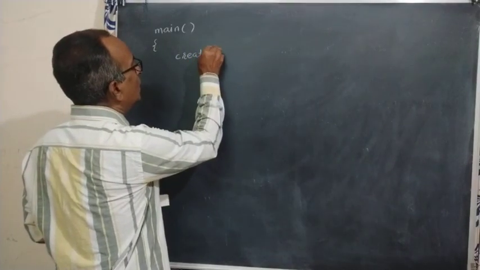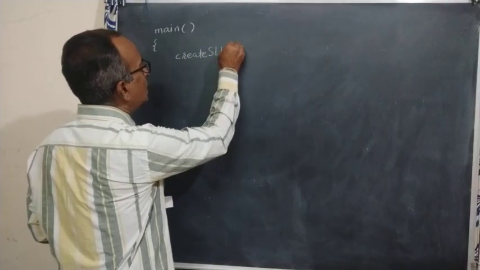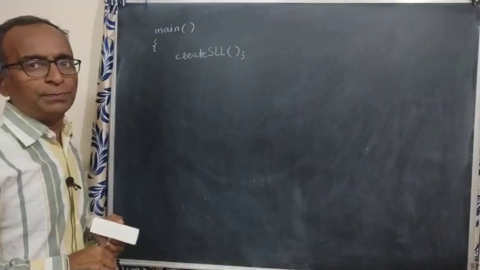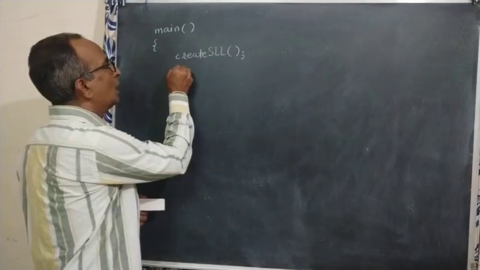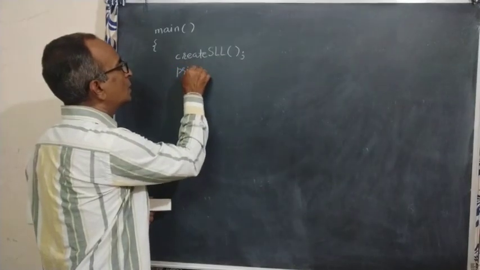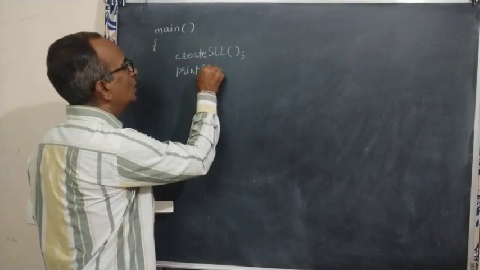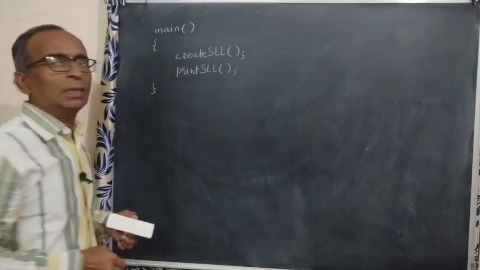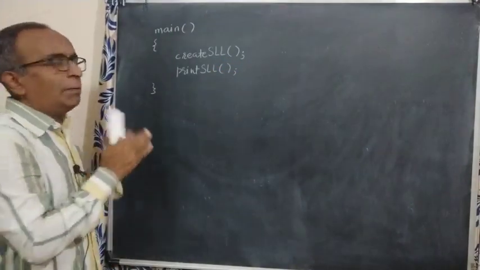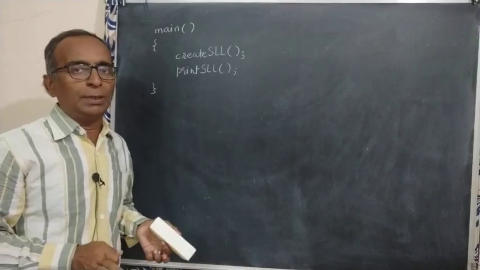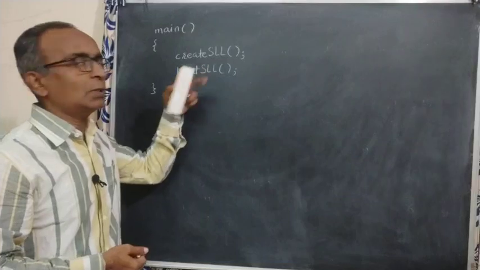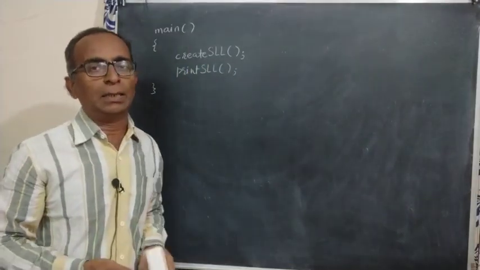Create a singly linked list of some number of nodes. Then I want to print this linked list. Now what way I want to do this, depending on that the signature depends. Signature of this create SLL and print SLL, right?